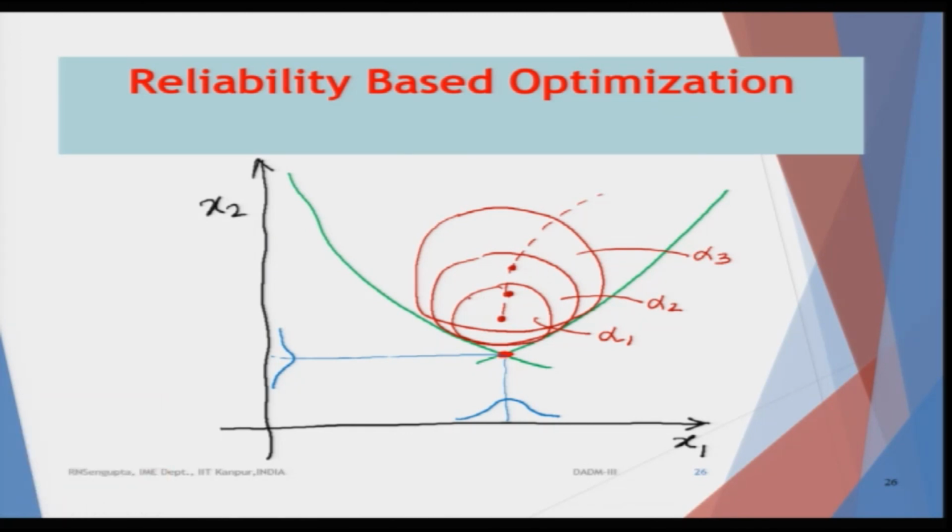So, this is for alpha 1. This area is basically for alpha 2. And this is, say for example, for alpha 3.